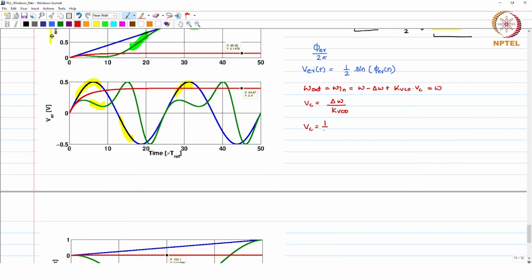This particular control voltage was half the sine of the phase error. Okay. So, phase error is going to be 2 times delta omega by k VCO, and this whole thing will come inside the sine argument. So, that your phase error is equal to sine inverse of 2 delta omega by k VCO.